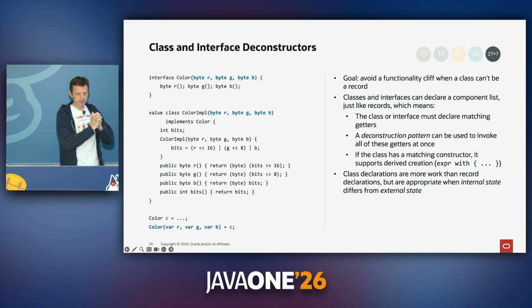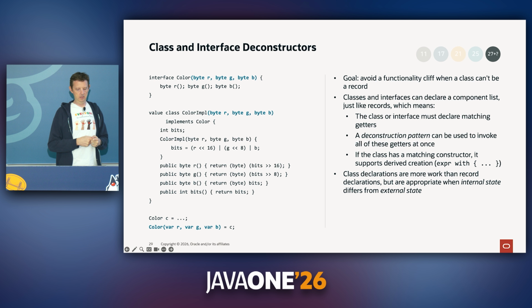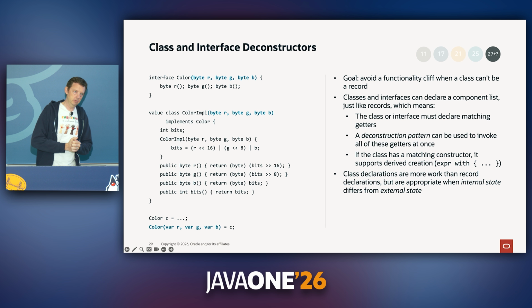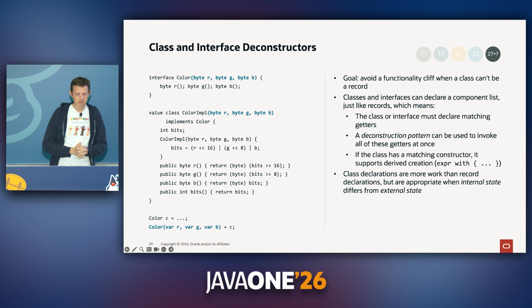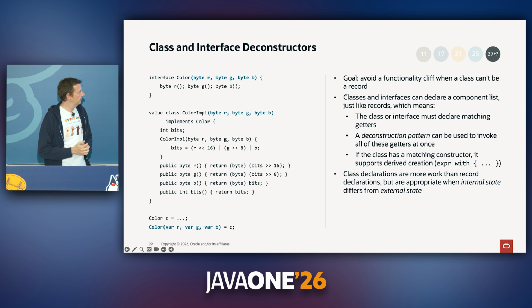So, class and interface deconstructors. The idea here is to take those benefits of deconstruction and reconstruction that I talked about, like the derived record creation feature, assignment to the components, and switch patterns that check for the components and nest patterns inside of each other.